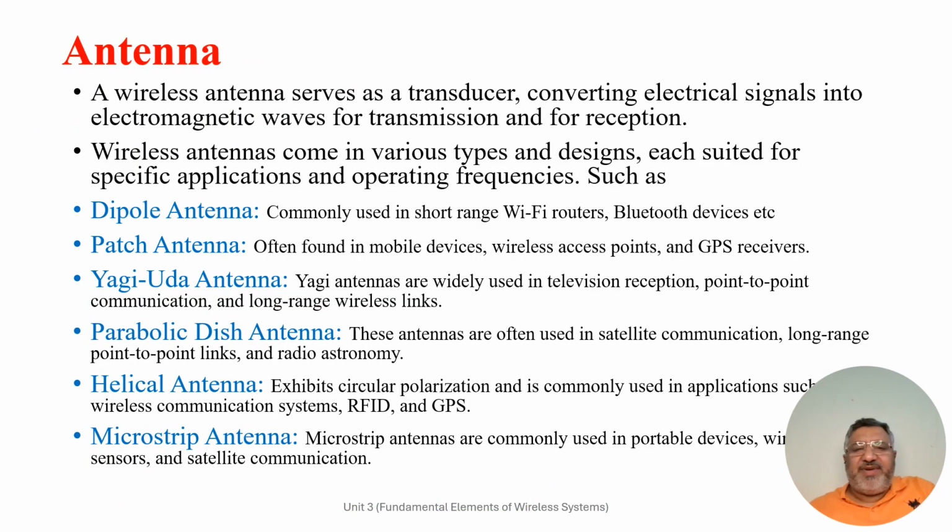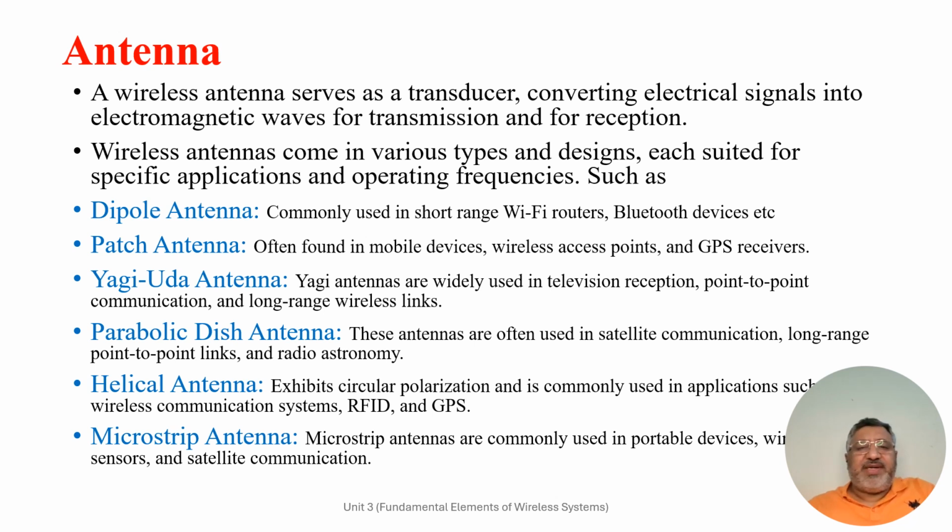And similarly, wireless antenna is another crucial component for wireless communication system that transmits and receives electromagnetic signal wirelessly. It serves as a transducer, as we have already discussed, for transmission and reception. Wireless antennas come in various types and designs, each suitable for a specific application and operating frequencies.